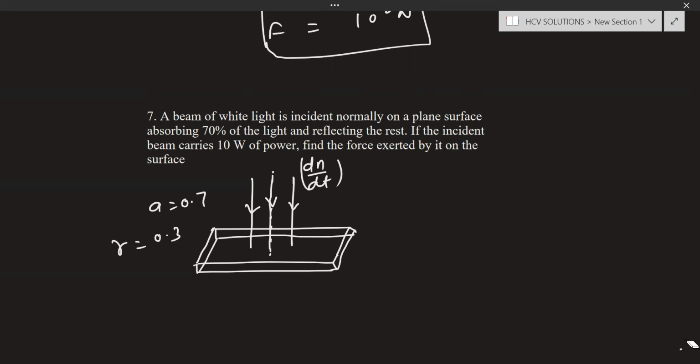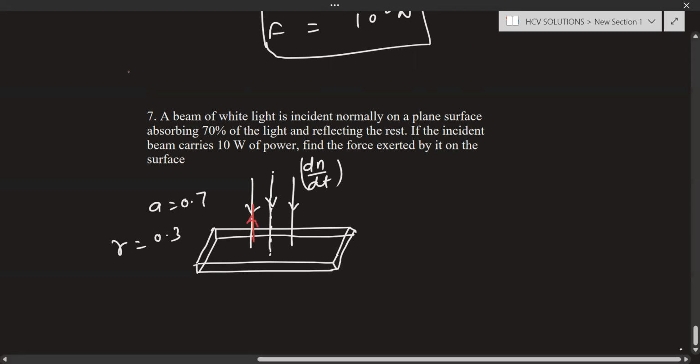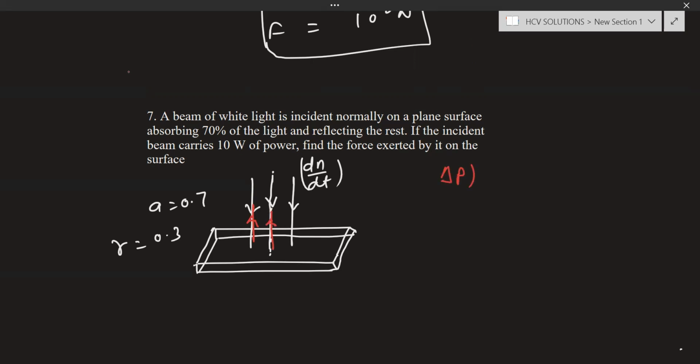When these photons are reflected, the change in momentum in case of reflection is 2h by lambda, and in case of absorption it is h by lambda. Some photons are coming and are absorbed by the surface, so finally they have no momentum.